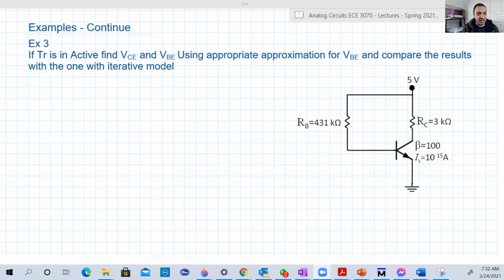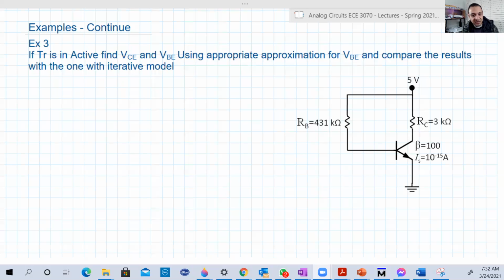It will be fixed. Some books say in the active region it's 0.7 and in saturation it's 0.8, but basically once you know the operation region, it's known.